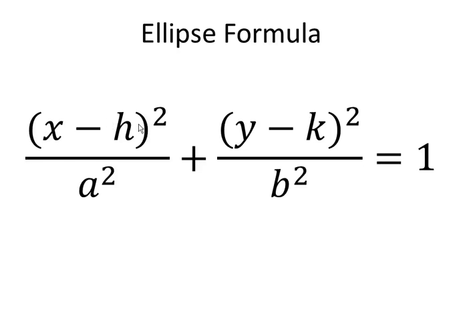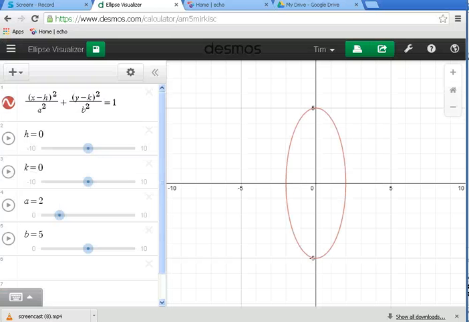Notice that we used parentheses to make it clear that we're not just squaring h, we're squaring x minus h. And the same with y. In order to replace y with y minus k, we needed the parentheses to make sure that the squared remains here. So let's go to Desmos and see what that kind of looks like.